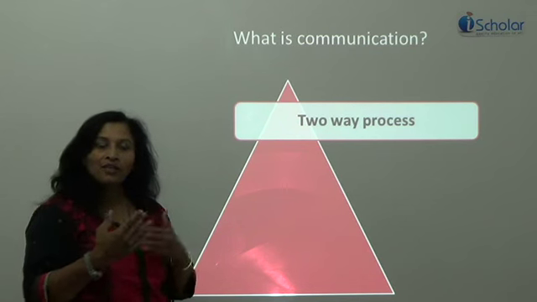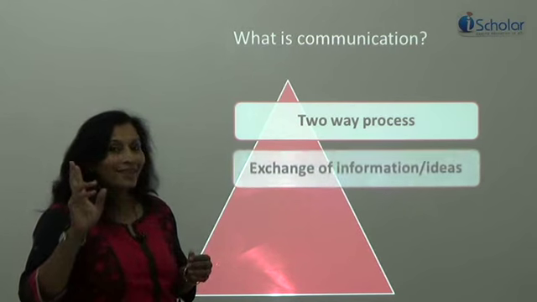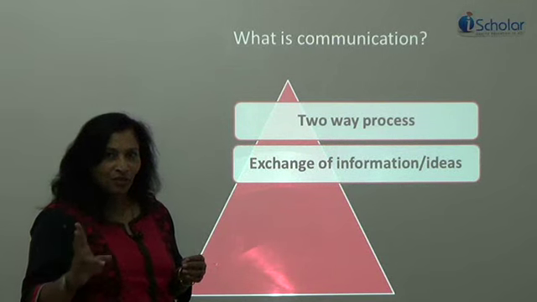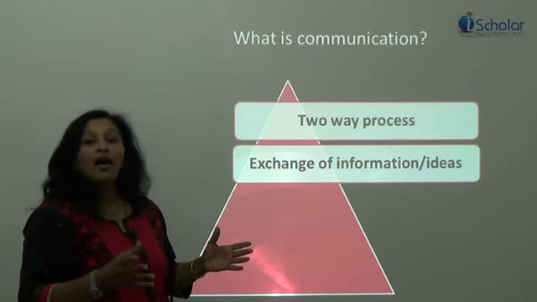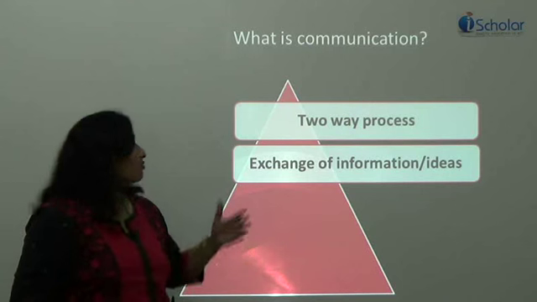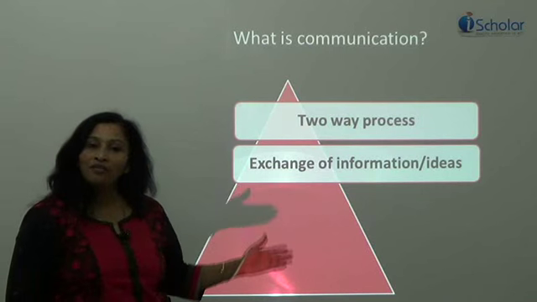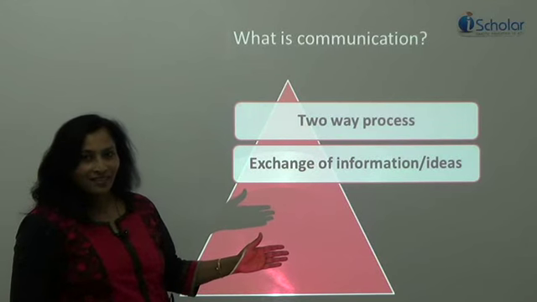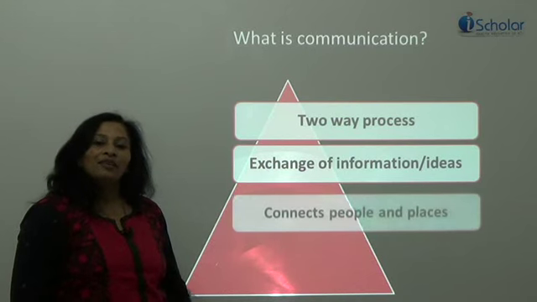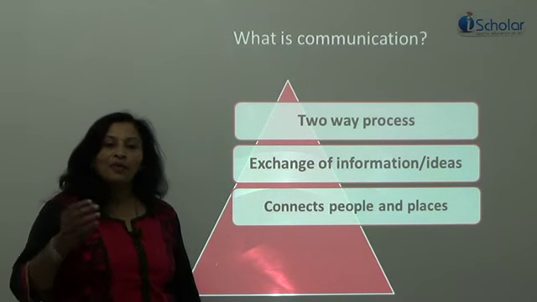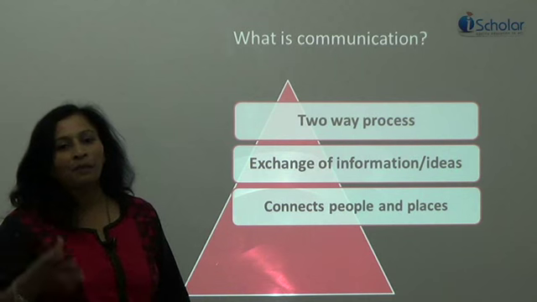So it has to be a two-way process, not necessarily between two individuals, between a group. And why do we communicate? We communicate to exchange information and ideas. And the most important thing is this: communication is what connects people.